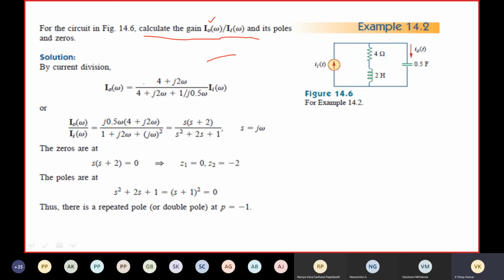So by the current division rule, what is I naught of omega? It is a parallel circuit. This is in the time domain, so let us draw the circuit in the frequency domain.